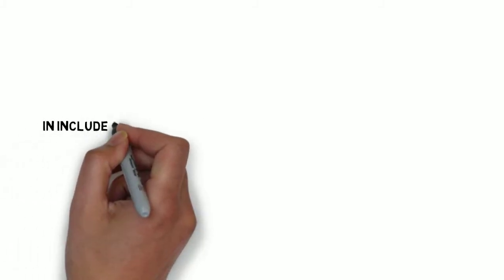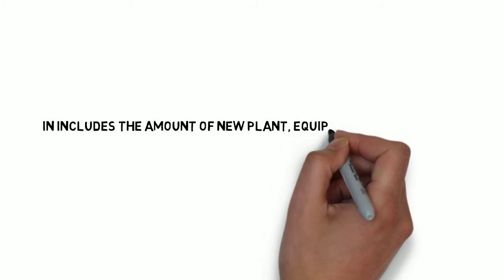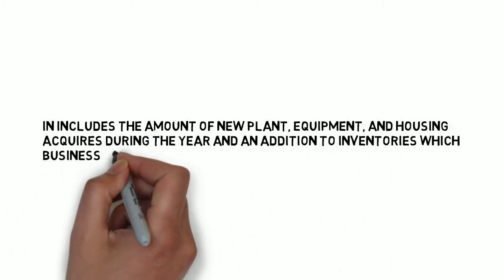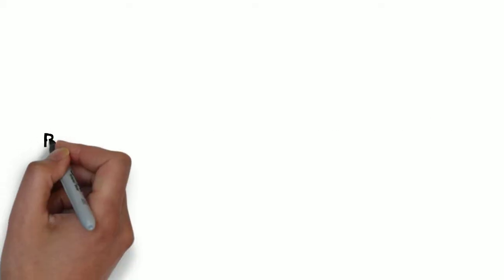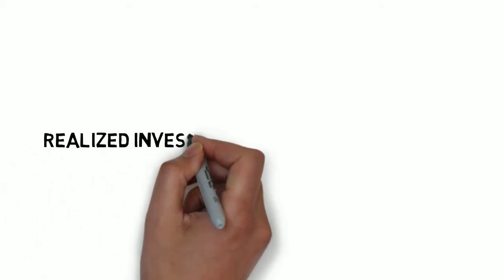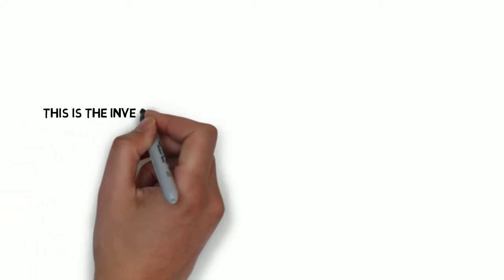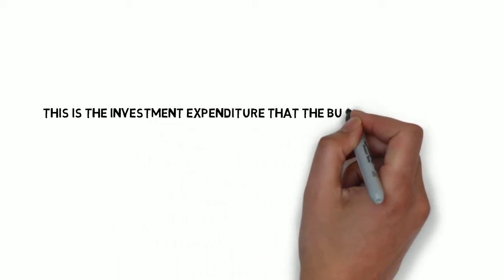It includes the amount of new plant, equipment, and housing acquired during the year, in addition to inventories which businesses want to acquire. The second is realized investment, which is actual investment. This is the investment expenditure that the business actually makes over a period of time.